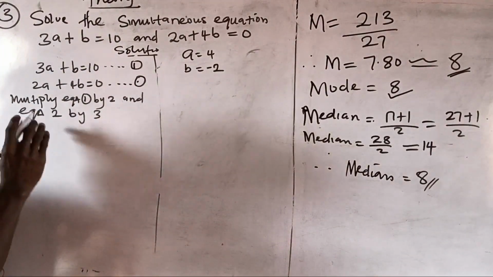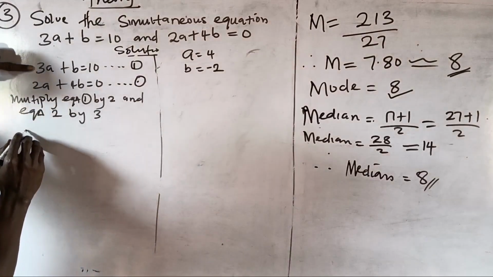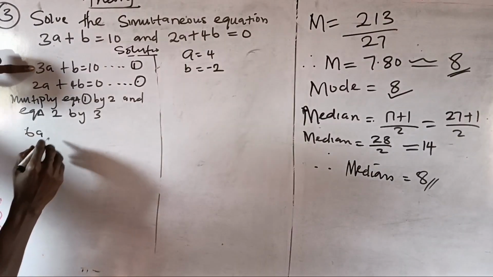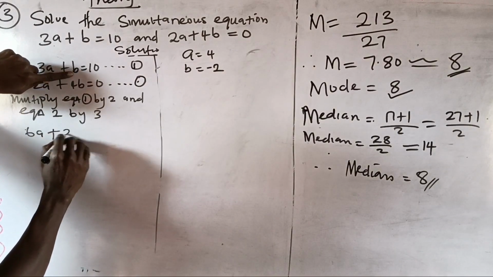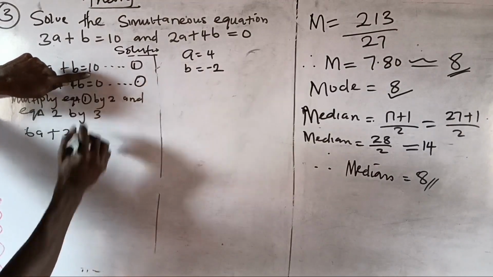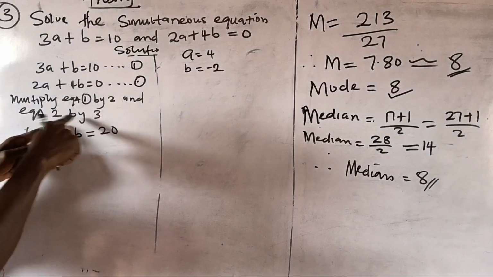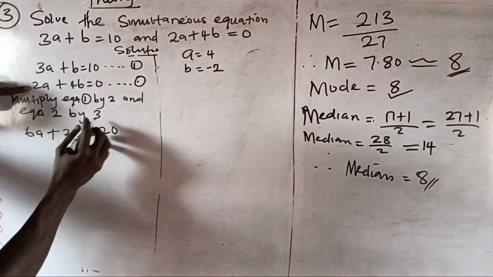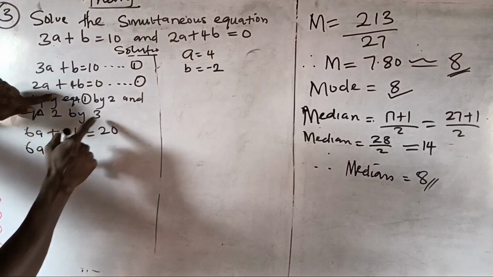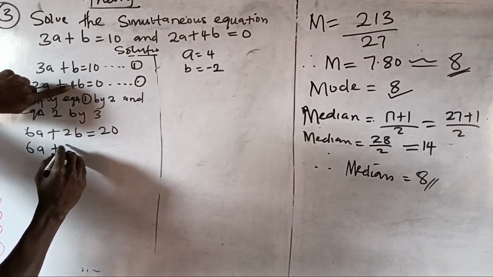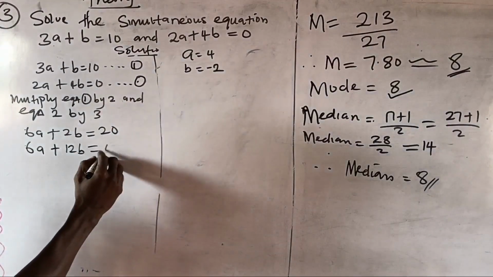So we have equation 1 by 2. That is equation 1, 2 times 3a will give me 6a, plus 2 times b will give me 2b, 2 times 10 will give me 20. So I'm multiplying equation 2 by 3. This is equation 2. 3 times 2a will give me 6a, plus 3 times 4b will give me 12b, and 3 times 0 will give me 0.